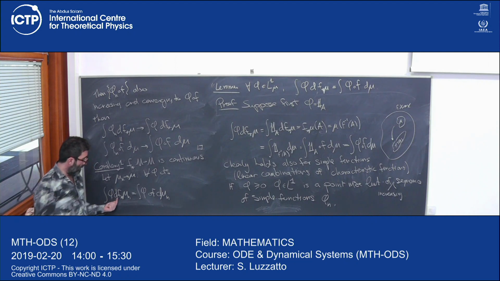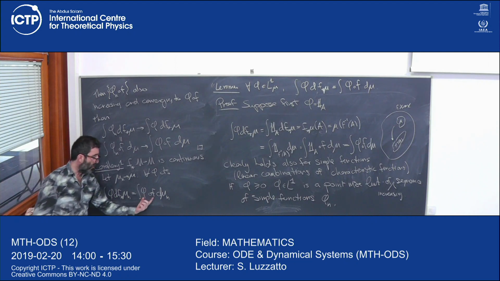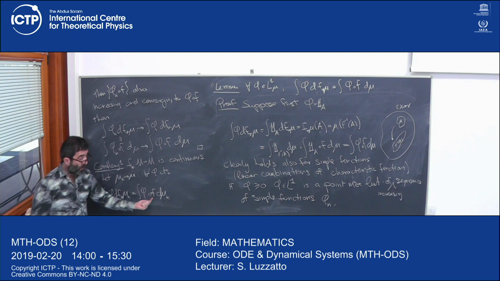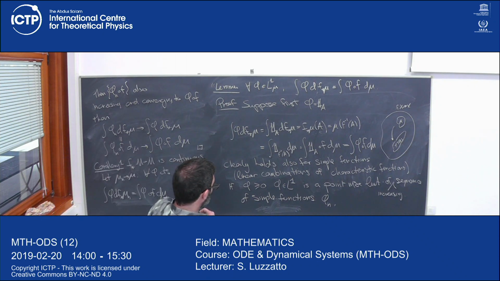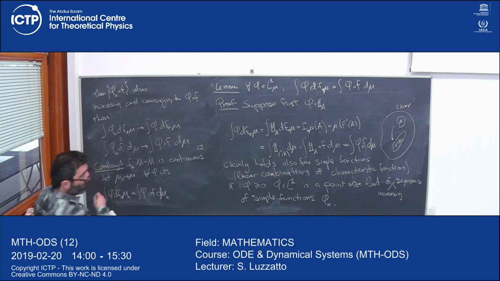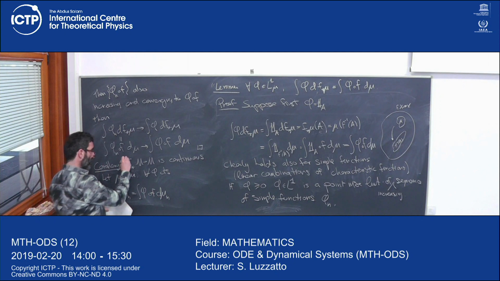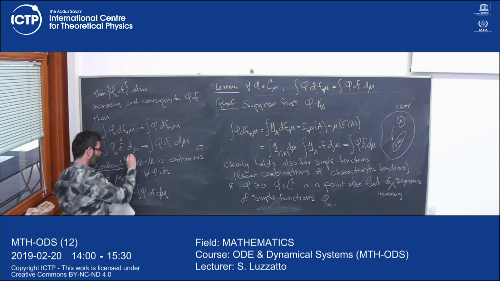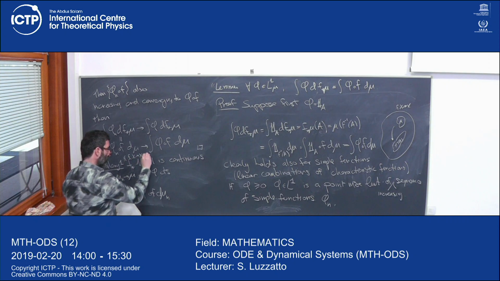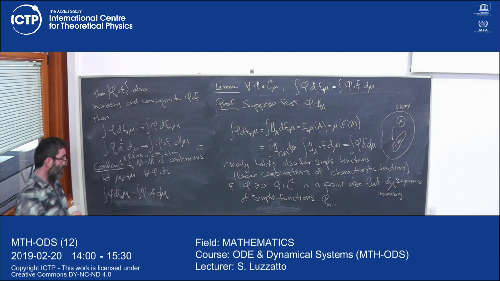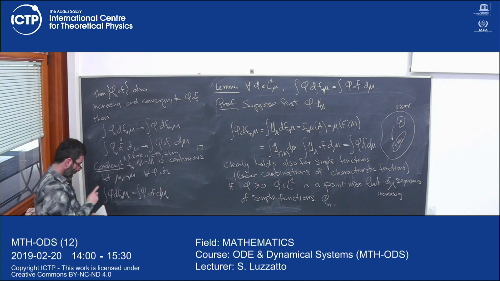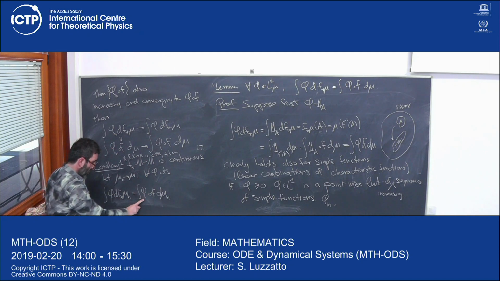So this is a continuous function. Sorry, I should have said this is now assuming that f is continuous. So the previous part does not use the fact that f is continuous. But here we show that if f from X to X is continuous, then f star is continuous. Otherwise it could not be true. So this is also a continuous function.